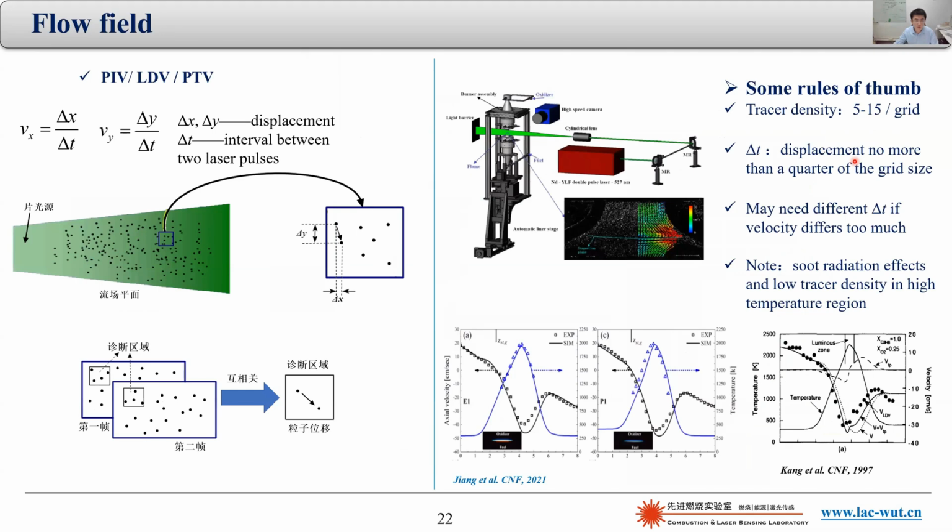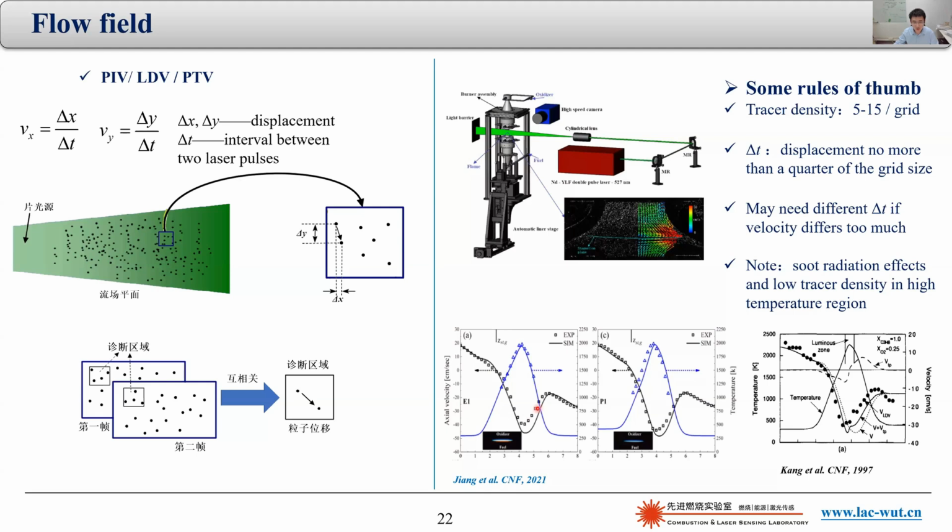Next is the flow field measurements. There's not so much to say because it's quite conventional. This is the setup we use in our lab for PIV measurements. There are some rules of thumb, but I will not elaborate. You just have to worry about the tracer density and the time interval between the pulses. This is the actual measurement of the axial velocity.